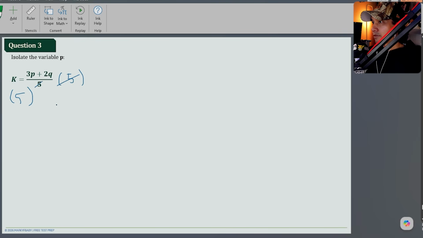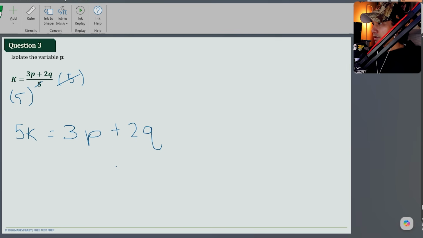So I would cancel the 5s out, leaving me with 5k, and this is just 5 times k, equals 3p plus 2q. Okay, that's a q. I'm going to put a little mark on the q. Okay, and we're going to isolate for p.